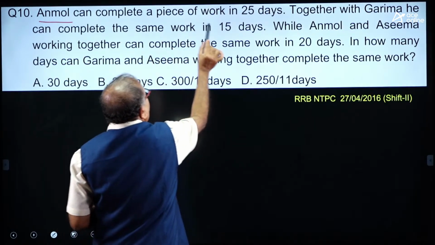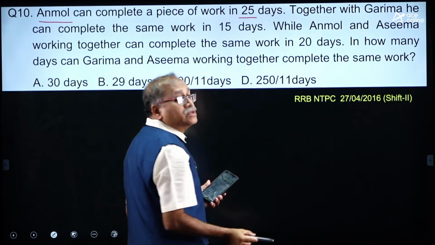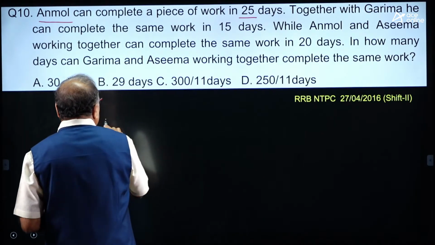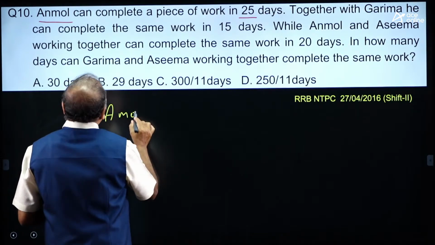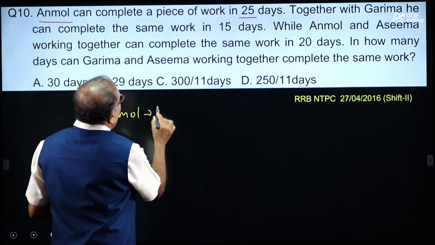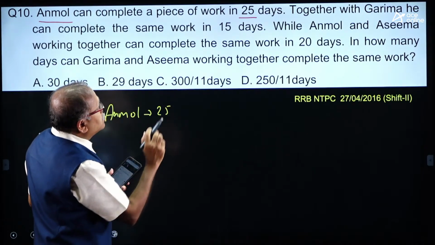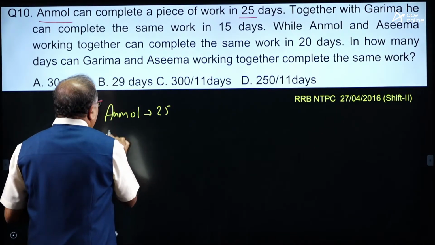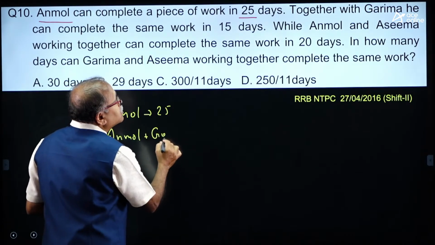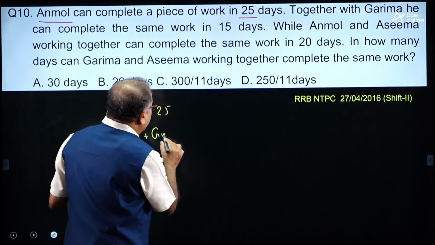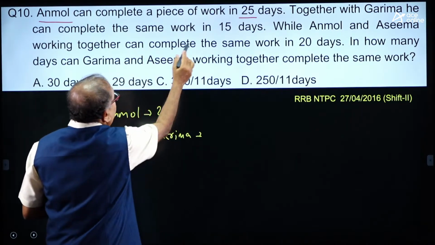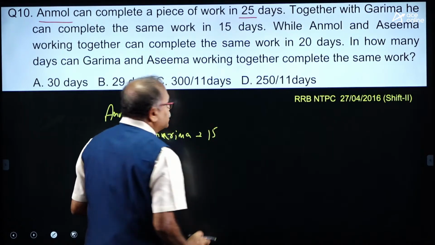Amol can complete a piece of work in 25 days. That is what is given to us. I am just writing the given information. Anmol can complete a work in 25 days, and together with Garima, that means Anmol plus Garima, can complete the same work in 15 days.